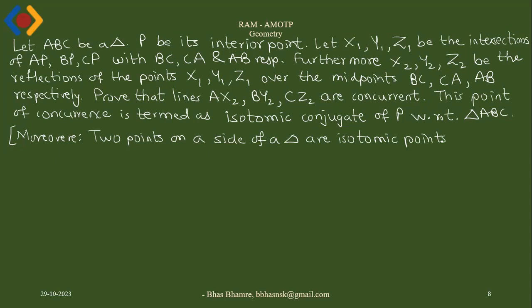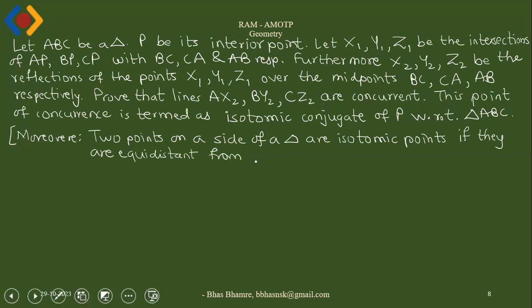Two points on a side of a triangle are isotomic points if they are equidistant from the midpoint of the side.